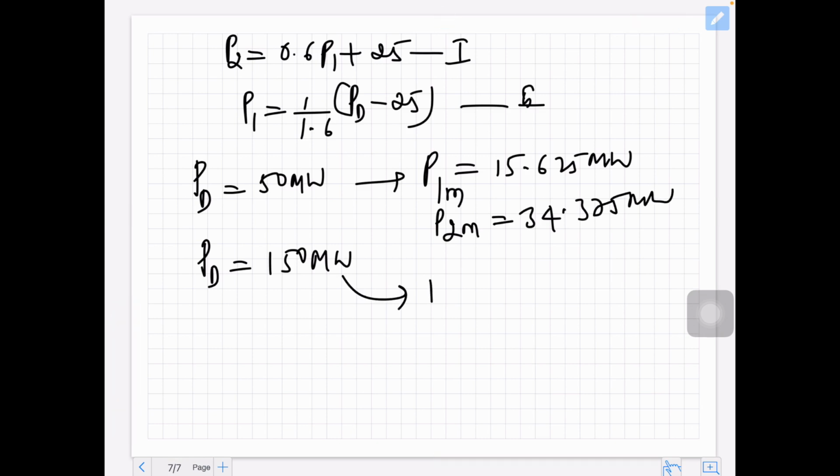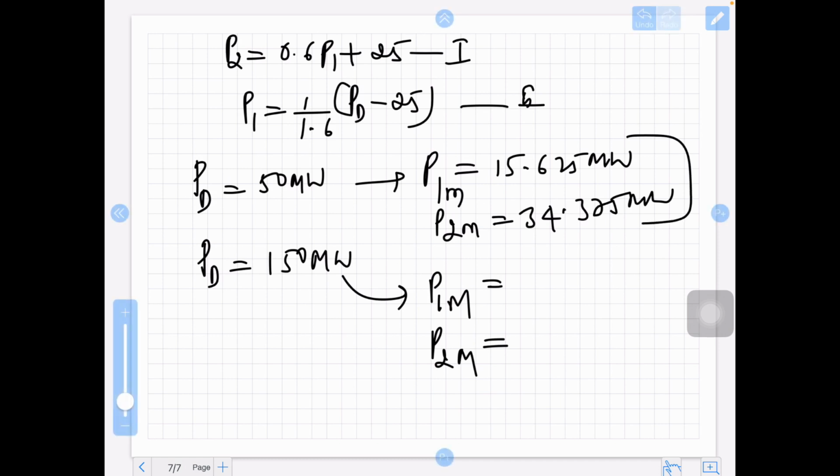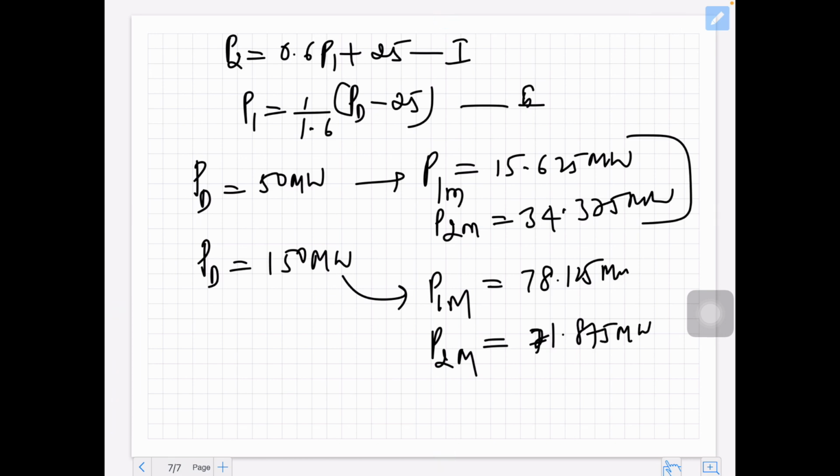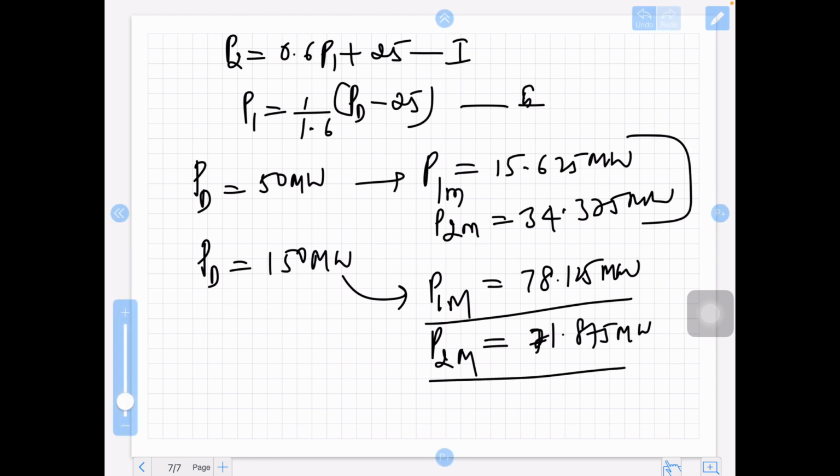When the load is maximum, 150 megawatt, the answer is 78.125 for P1 and 71.875 megawatt for P2. This is how we can do the problem.